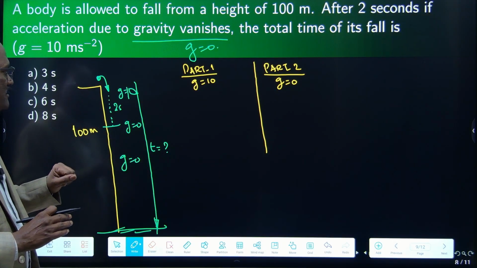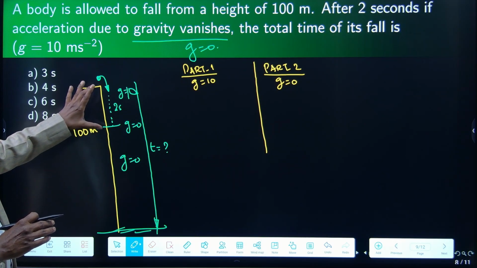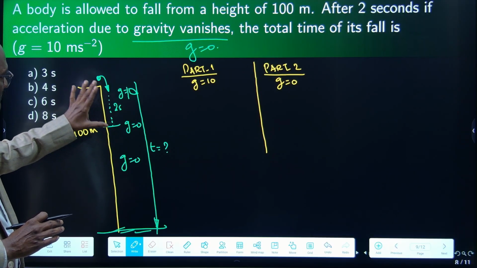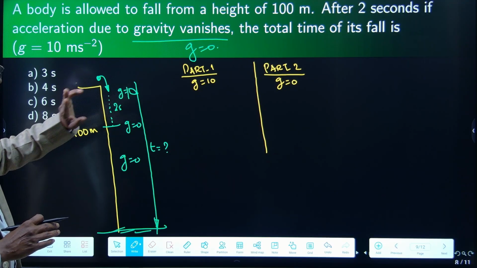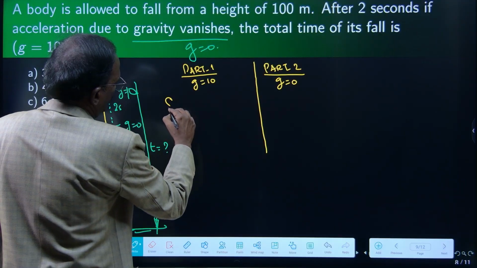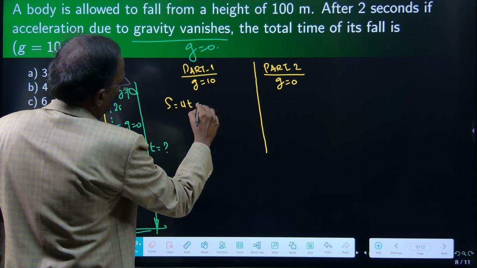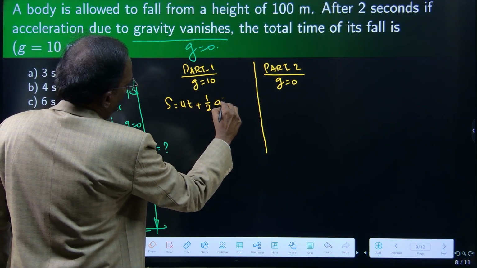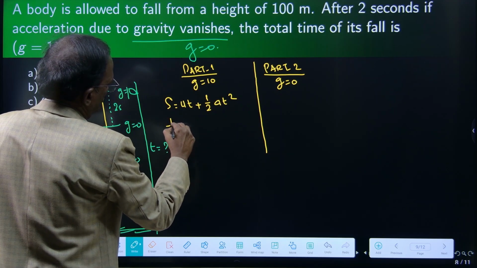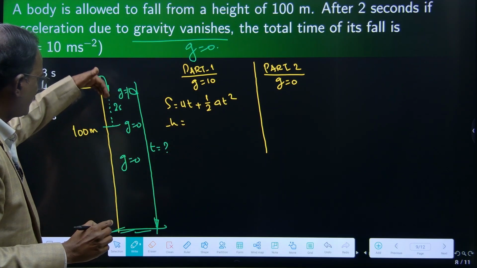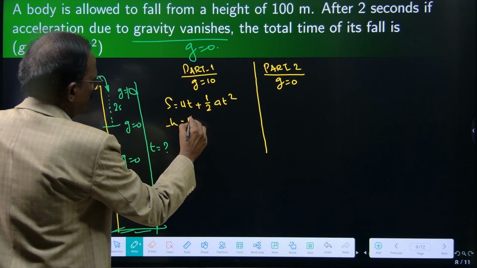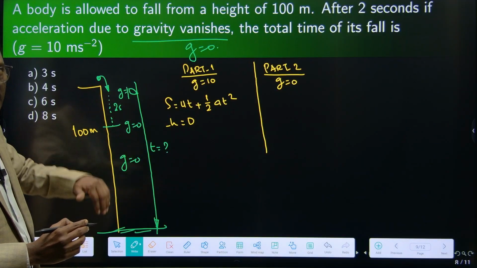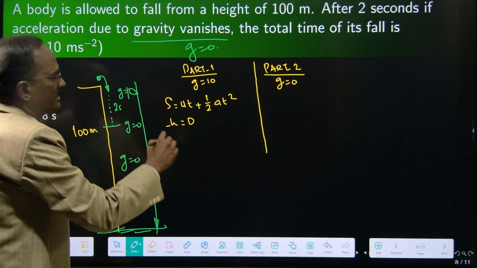Using the 2 seconds value, first let us find this height. From the time value, we are going to find the height. g value is available. So use this formula. S is equal to ut plus half a t square. S is equal to minus h. It is falling down. u is equal to 0. So from the top of the tower, it is falling. So initial velocity is 0.